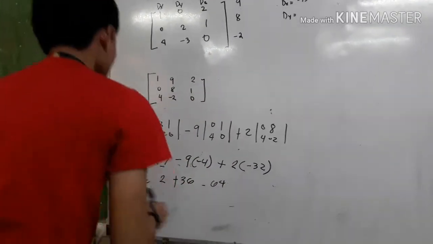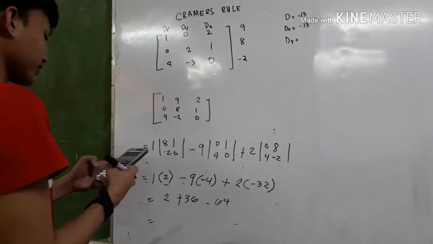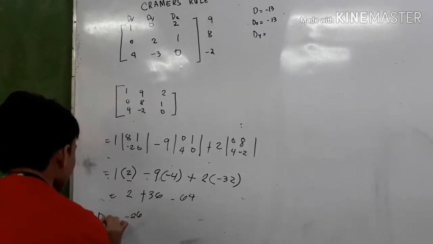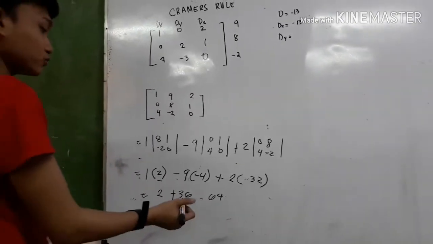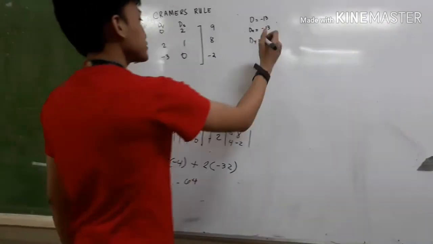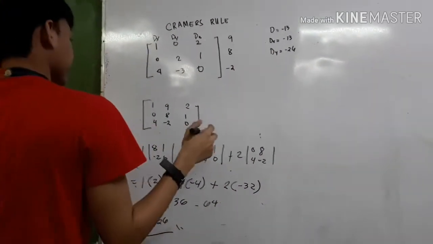So 2 plus 36 minus 64 is equivalent to negative 26. So our d sub y is equivalent to negative 26. So let's substitute it here. So d sub y is equivalent to negative 26.